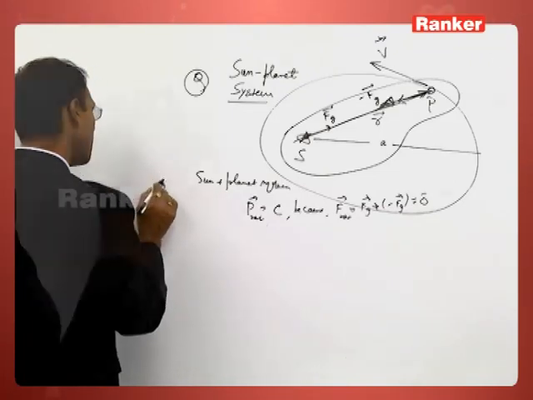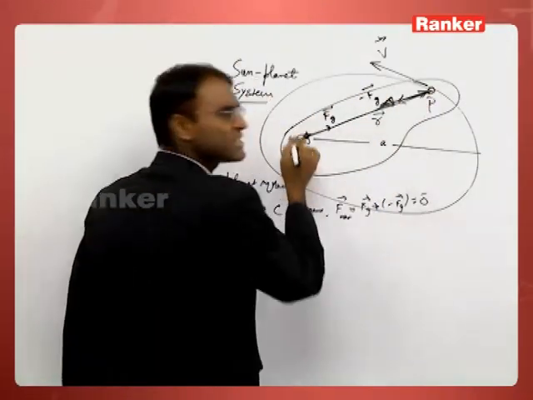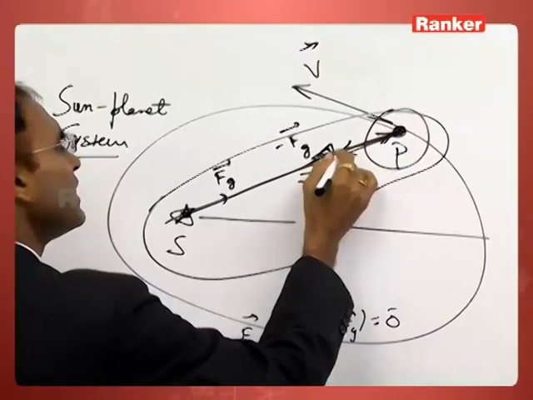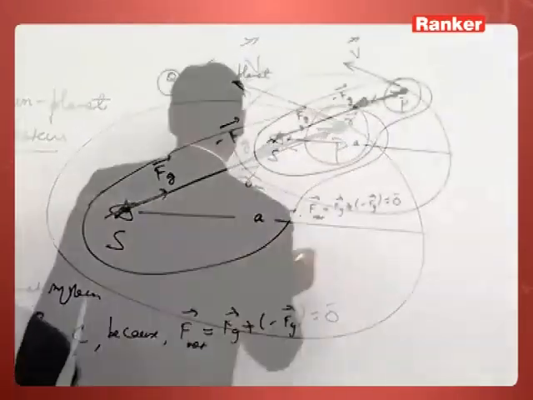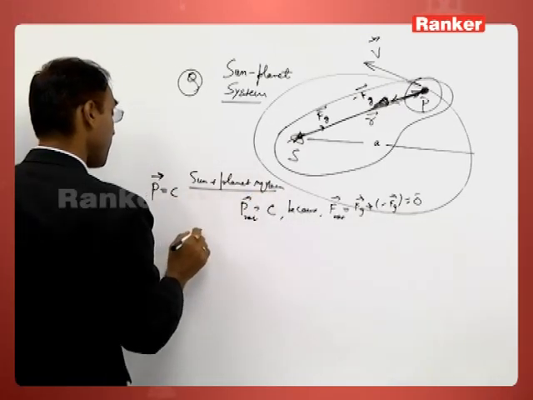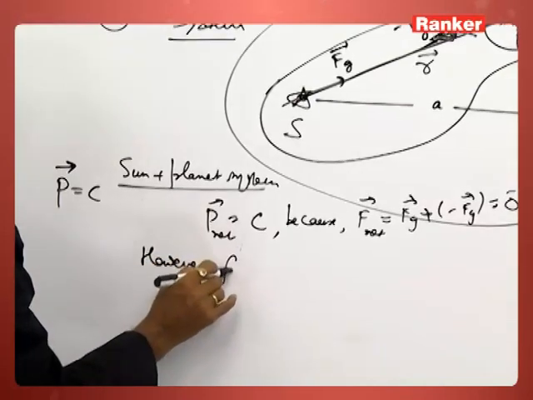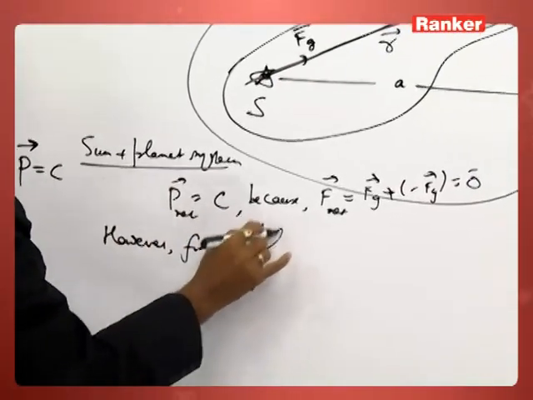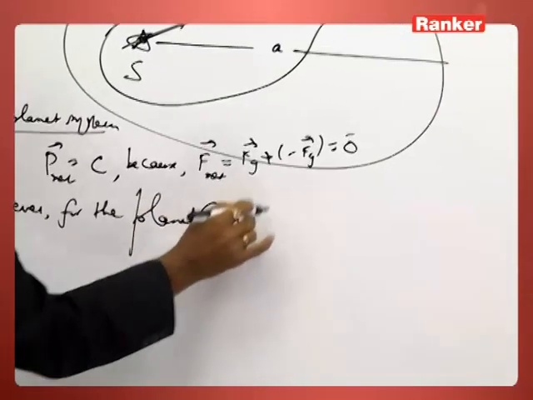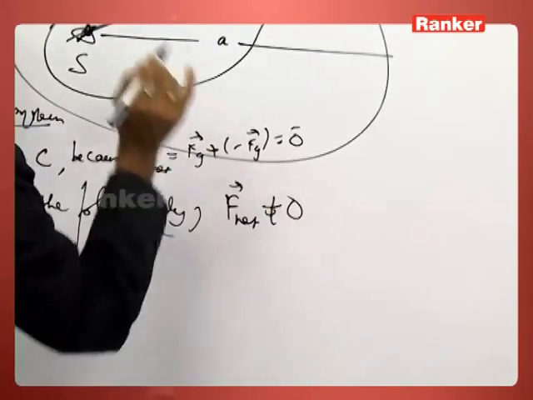So, conservation of linear momentum can be applied if you take the entire thing as a system, but if you take the planet as a system, the net force acting on the planet is not equal to 0. For the entire system, the momentum is conserved, but for the planet only, the net force acting is not equal to 0.